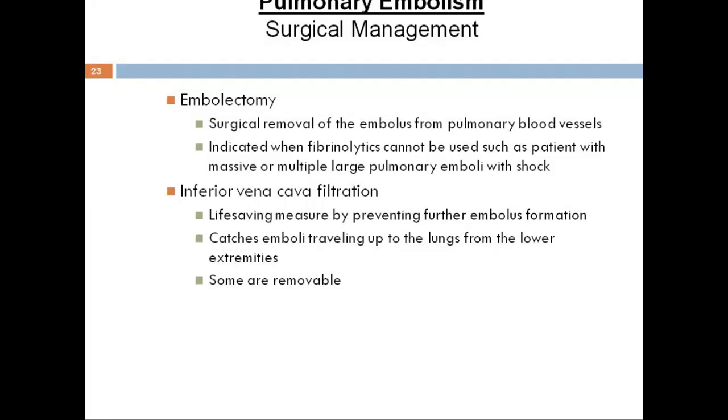And some can be removed just by filtering the inferior vena cava, the blood vessel that brings blood to the lung from other parts of the body. You put a filter in there, and you can trap some of these things. Okay.